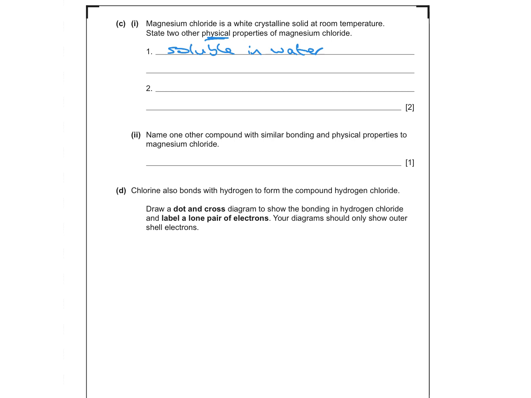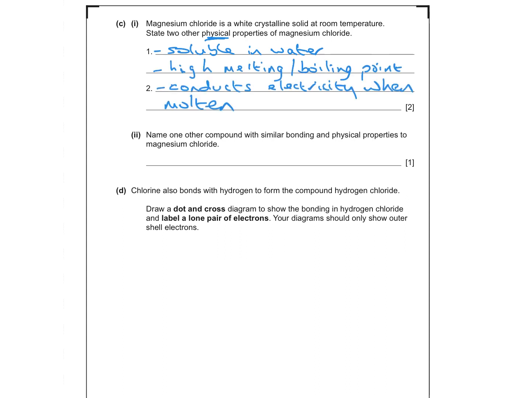That's a typical property of an ionic substance. It's got a high melting or boiling point. You could say it conducts electricity when molten. Remember, ionic substances don't conduct when solid, but they do when liquid, because when they're liquid, the ions are free to move and carry charge. The conductivity has to do with ions, not electrons, which is the case in metals.